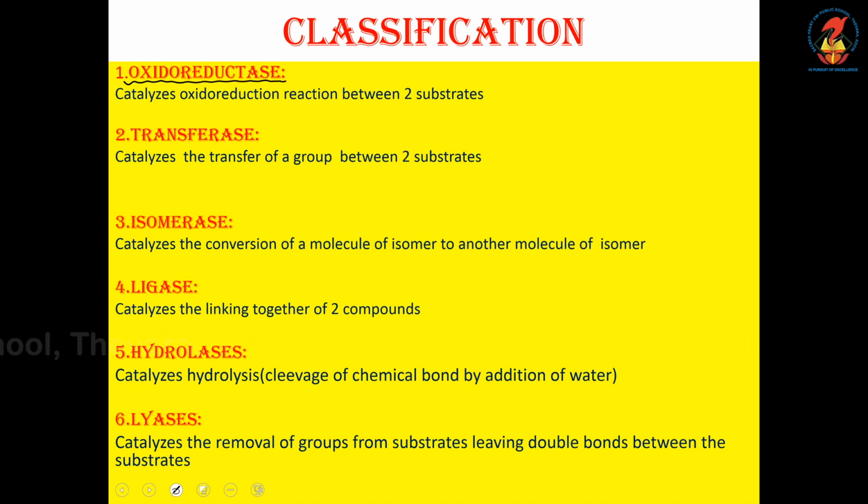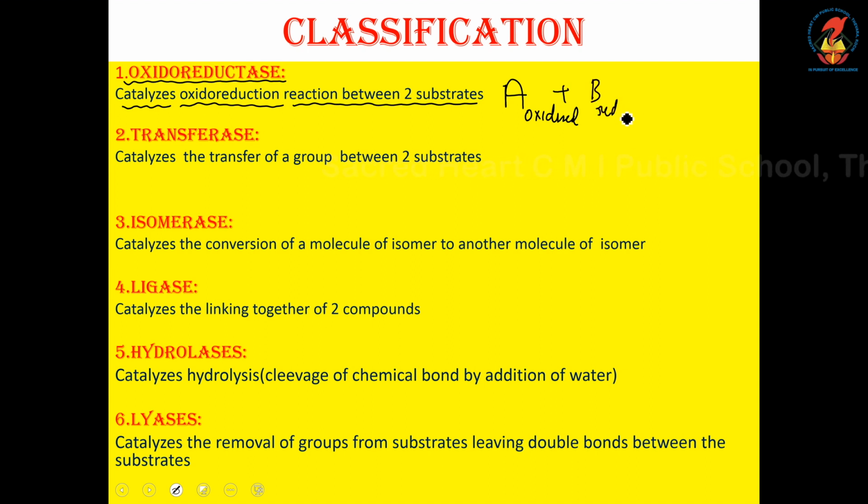Oxidoreductase. The role of oxidoreductases is to catalyze an oxidoreduction reaction between two substrates, and it is represented mnemonically or symbolically by this: A oxidized plus B reduced are the two substrates, which becomes A reduced plus B oxidized.